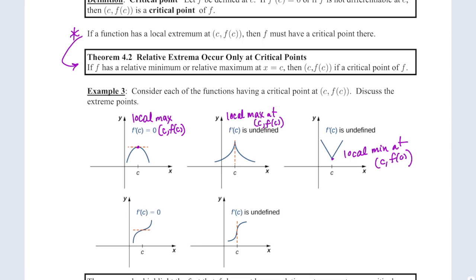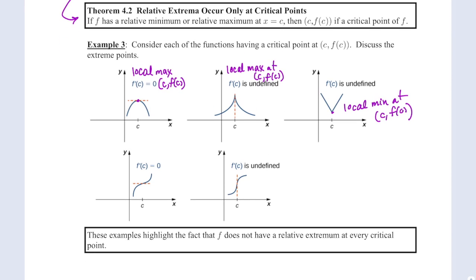But in the fourth one, it actually doesn't look like this flattens out, but let's assume that it does. Let's make that sketch a little better. The derivative is 0 at c, but there is no extreme point. Right, so there are no extrema for this graph.